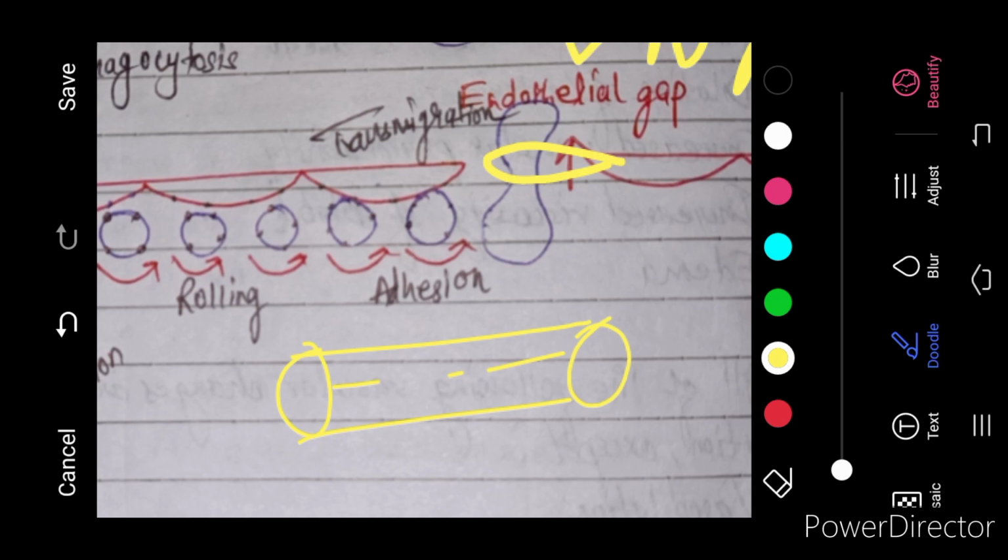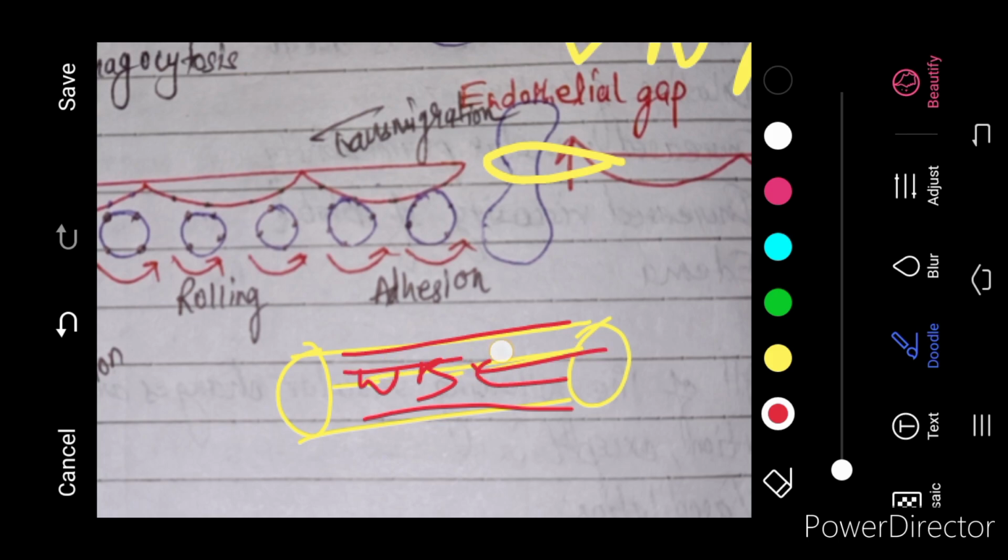the heaviest portion of the fluid will travel along the center and the lightest portion of the fluid will travel along the periphery. So as you know, in our blood there are 4 things, that is RBC, WBC, platelet and plasma. Heaviest among them is WBC, so it travels along the center.